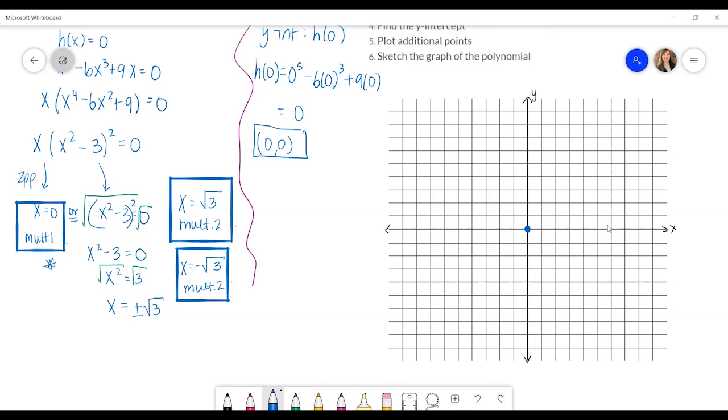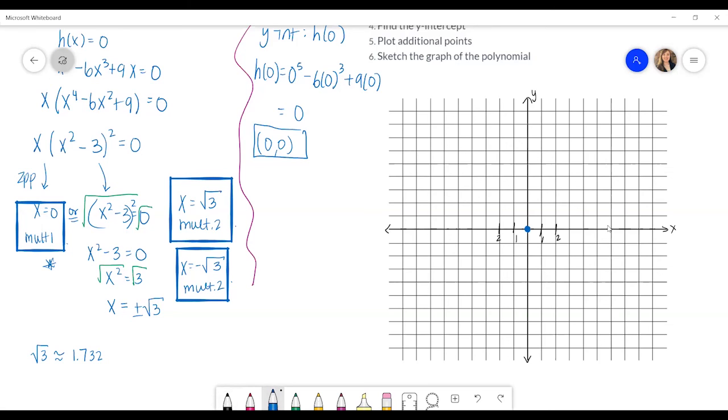Square root 3 is approximately 1.7. You can add more decimals to it if you want, but when we're drawing this by hand, there's not going to be a huge difference between 1.7 and 1.73 and 1.732. It's not going to look that different to us. So we've got 1, 2, 1 and 2.